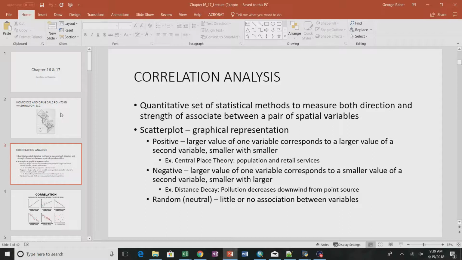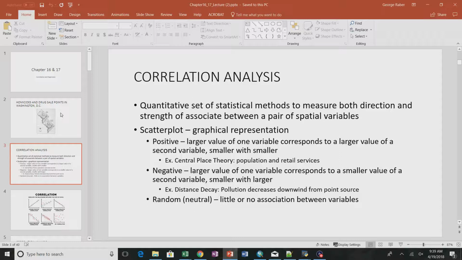Correlation analysis is a measurement of how much they vary together. In other words, when one goes up, does the other go up? When one goes down, does the other go down? Or does one go up and the other go down at the same time? That's what we mean by co-vary. Do they vary together? That's basically a way to measure their relationship.